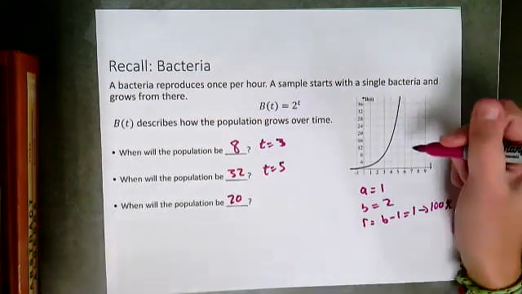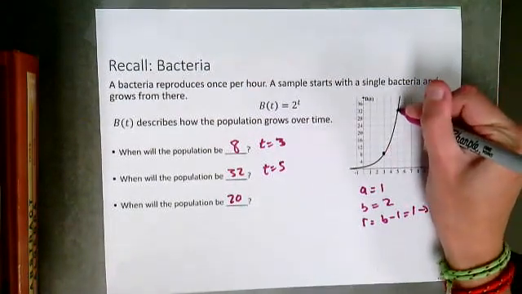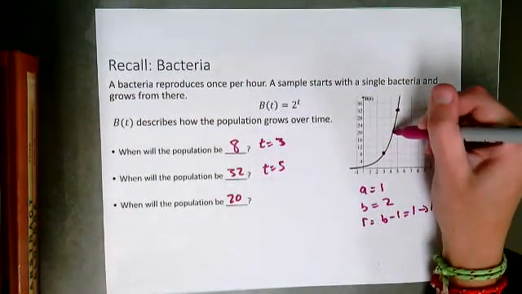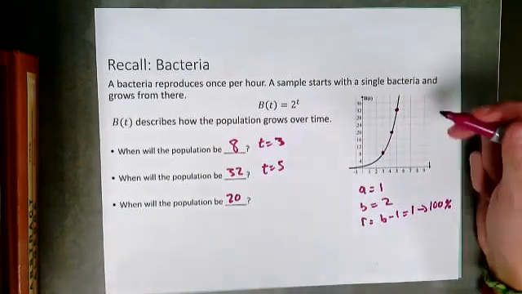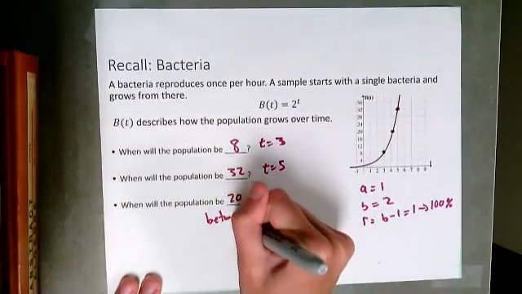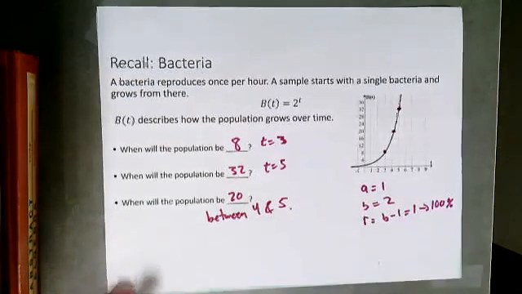So let's see, 8 and 3, that's easy to see. 32 and 5, that's easy to see. Well, at 20, we're here on the graph. That is somewhere in between 4 and 5. Not actually sure what number it is, but it's somewhere in there.